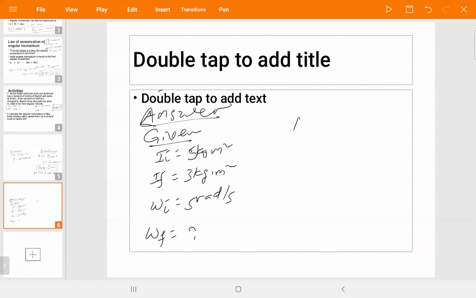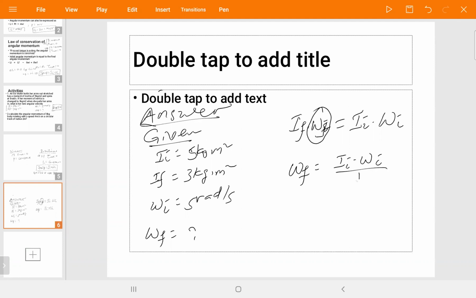The solution: final moment of inertia times final angular speed equals initial moment of inertia times omega initial. So omega final equals I initial times omega initial divided by final inertia. Let's substitute the values.